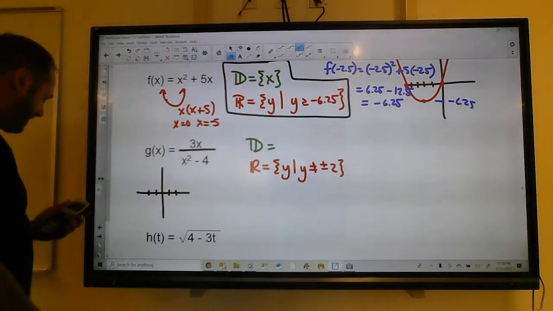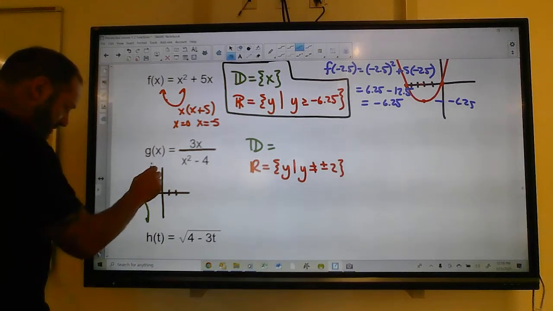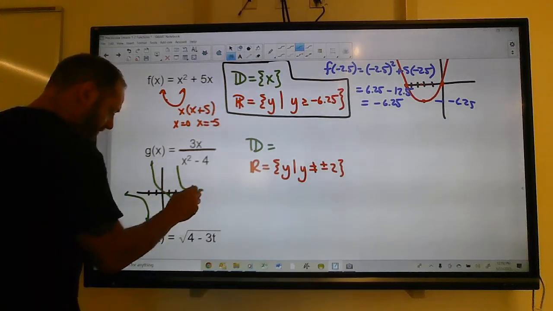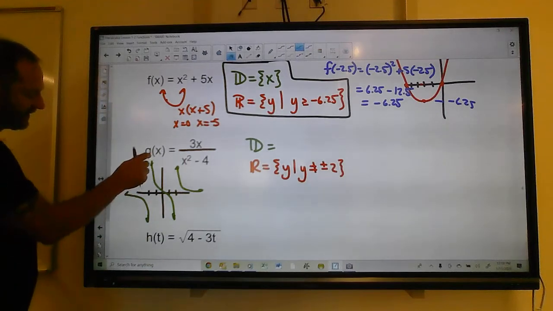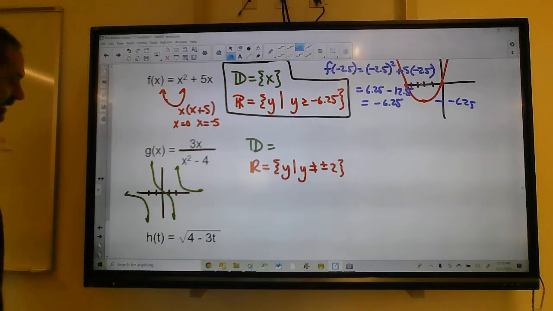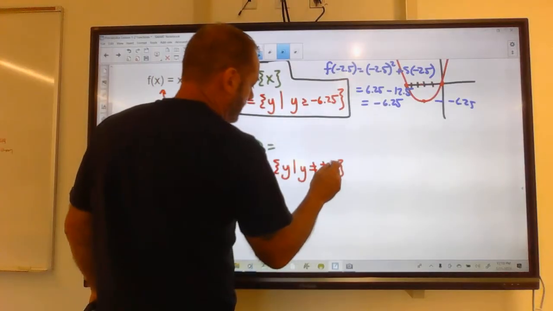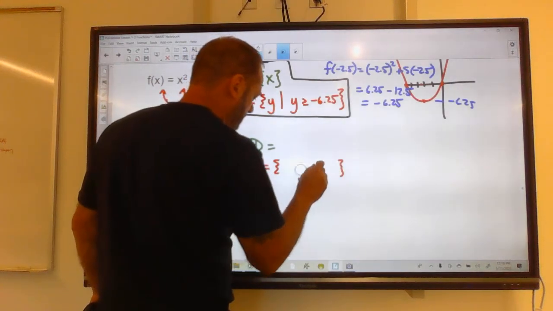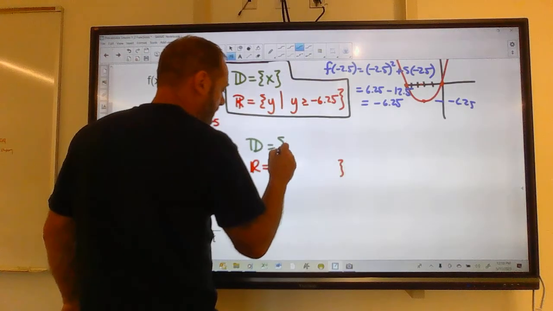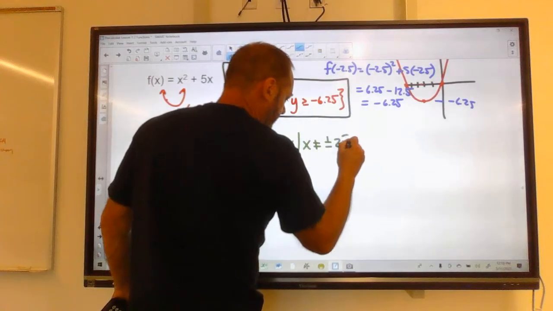Okay, if I graph this thing, it looks like this. So if I just look at just this part right here, the range is all real numbers. Or the domain's all, I'm sorry, I got this backwards. Sorry, I went brain dead for a second. So this is the domain. The domain's all the x's where x is not equal to plus or minus 2.